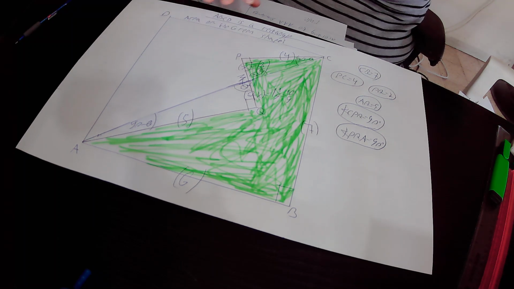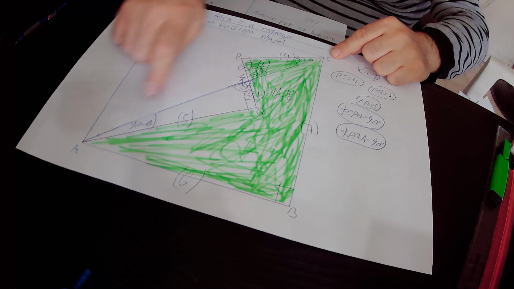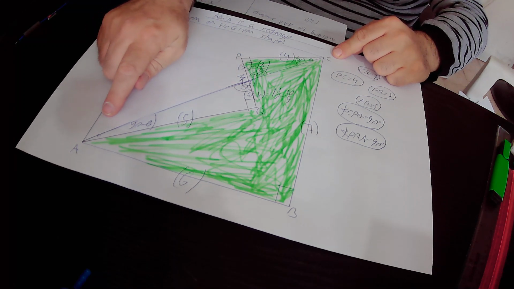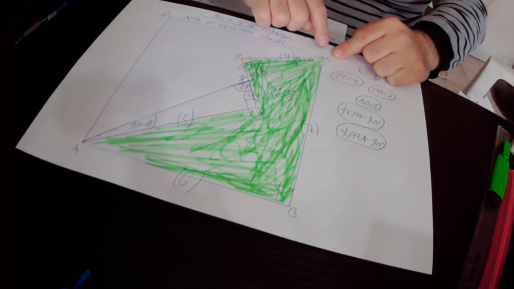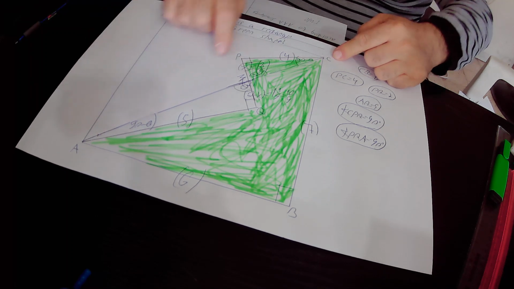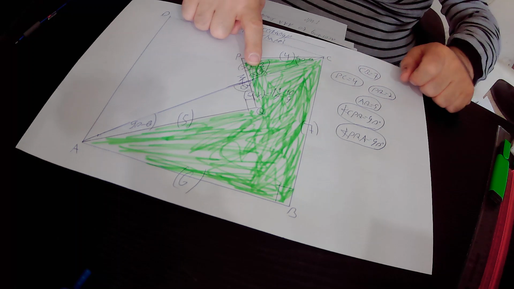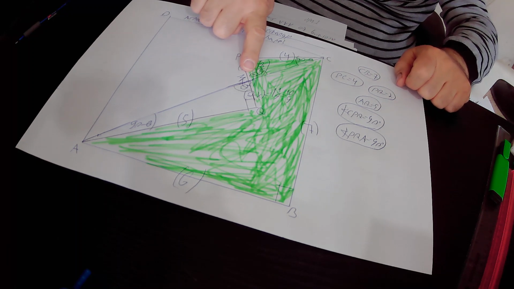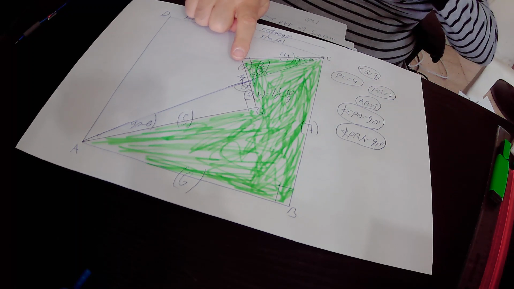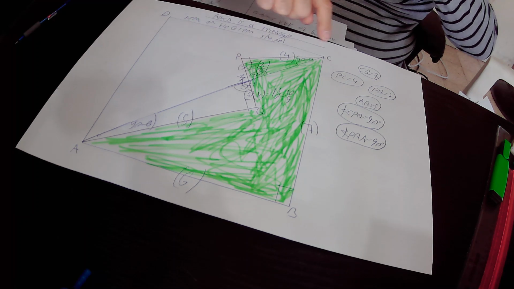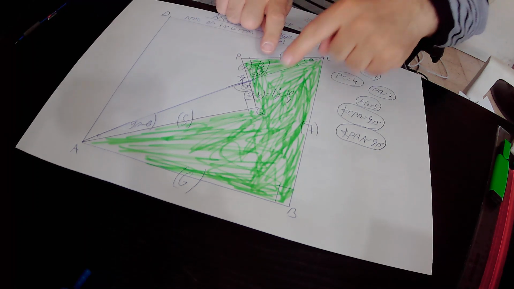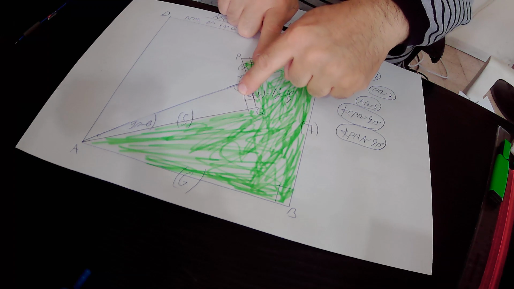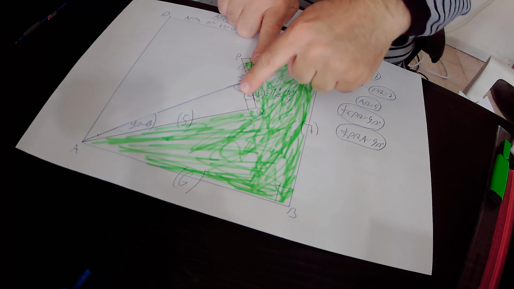Okay, so first of all, we join point C and A together by a straight line, and we define the intersection point of diagonal CA with line segment PQ as point M. By doing this construction, we get two vertical angles, and you know that vertical angles are equal to each other.